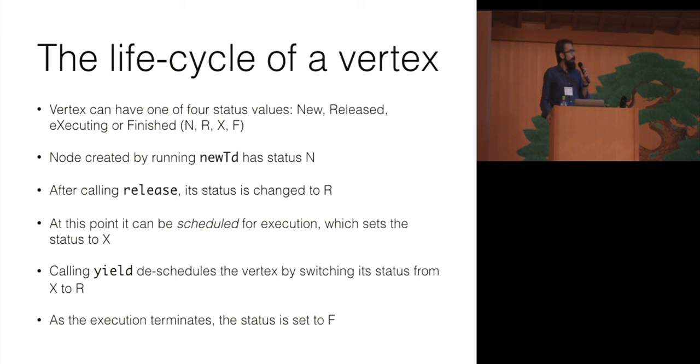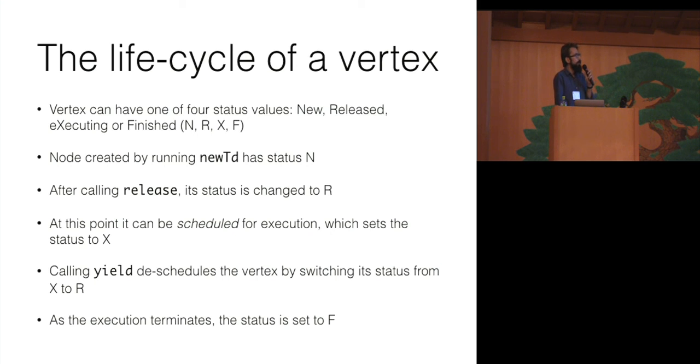And finally, yield deschedules the vertex, and this is done simply by transitioning its state from X back to R. So again, at this point it is possible to schedule the thread, but only after all of its dependencies have finished.